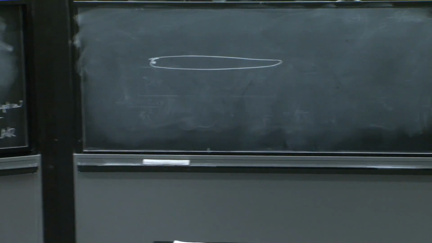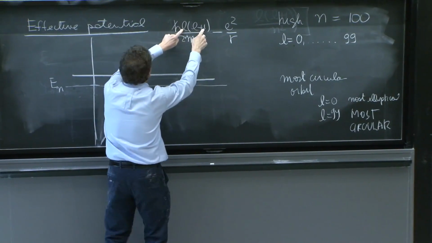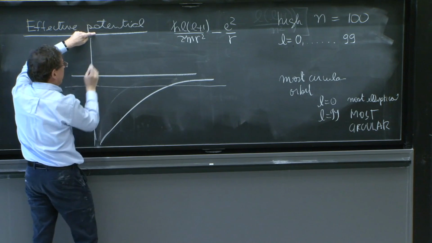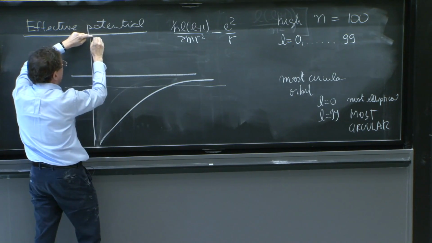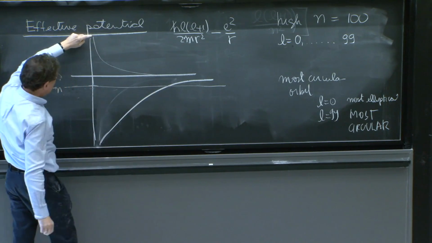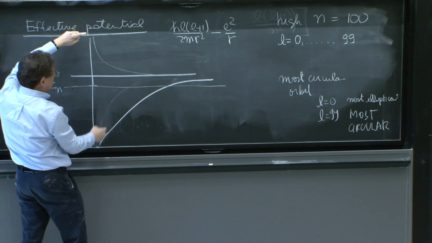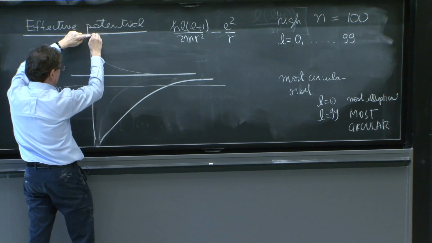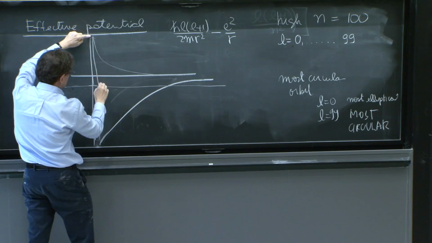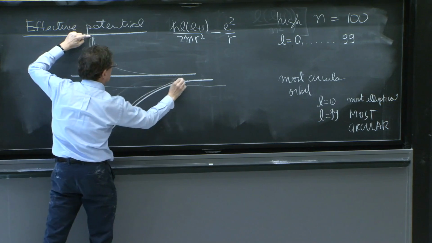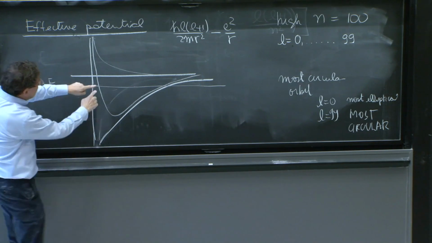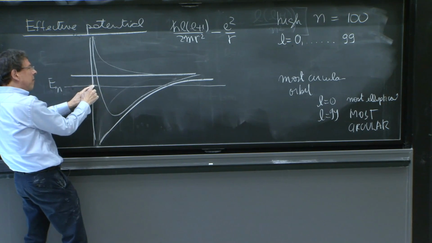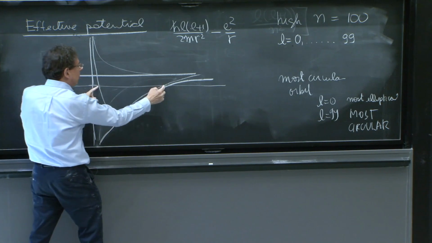On the other hand, as soon as L is equal to 1, you have the part of the contribution to the effective potential, you have a 1 over r squared like this. And then the total potential, which is the original term plus that, will have something that looks like this and go like that. And then this orbit is going to go from some small value of r, but different from 0, to another one.